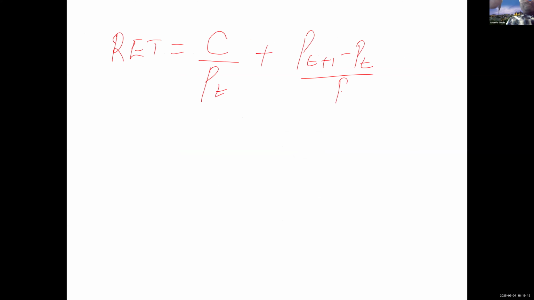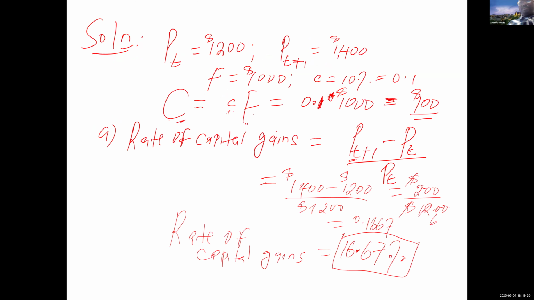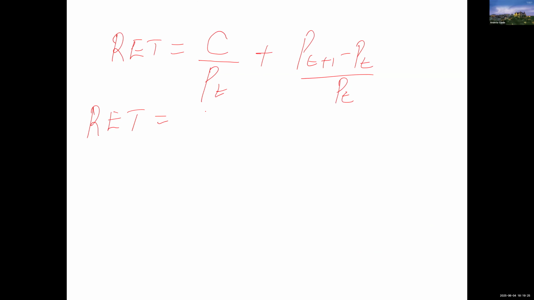So the return on the bond investment, you're going to take the coupon payment, because you sold this bond after a year, you would have received at least one coupon payment, divide by the purchase price plus the rate of capital gains, which we already figured out. We got 16.67%. So the return would be, okay, our coupon payment is what? $100. We figured it out. That's our C. So that's going to be $100 on top, divided by the bond's purchase price, which is what? $1,200.